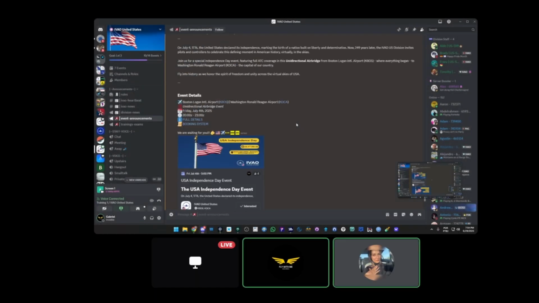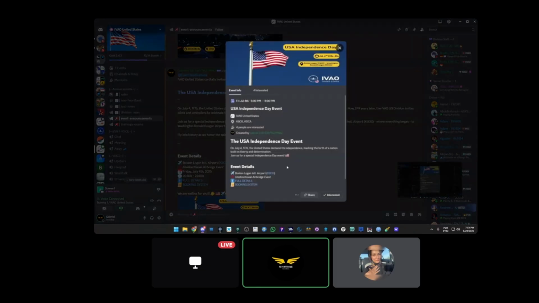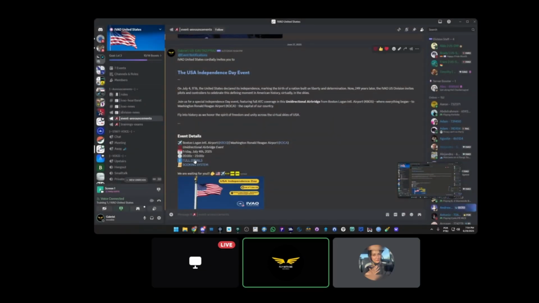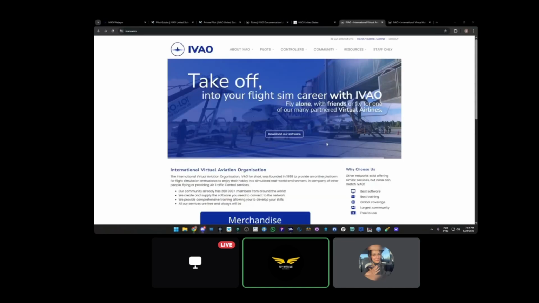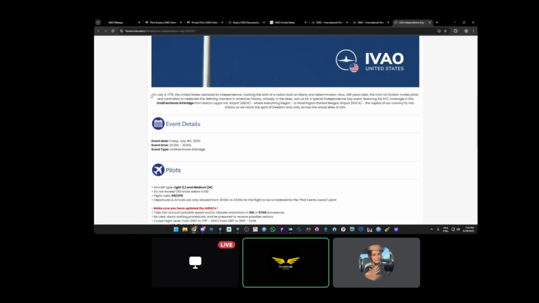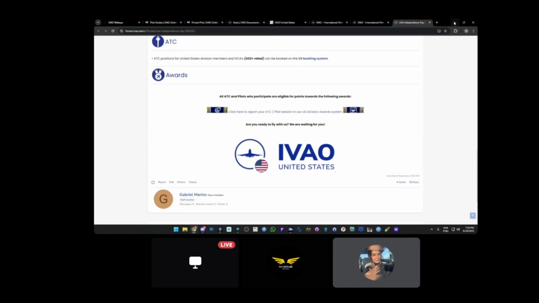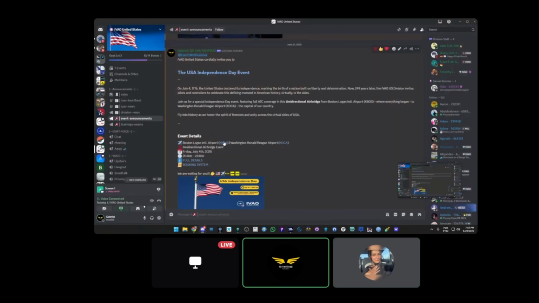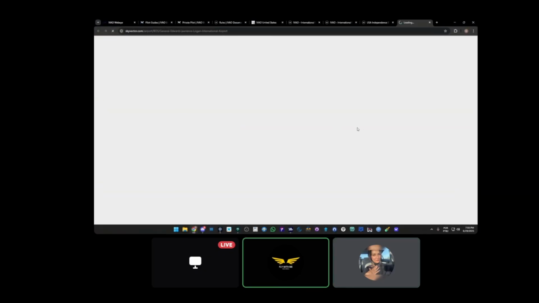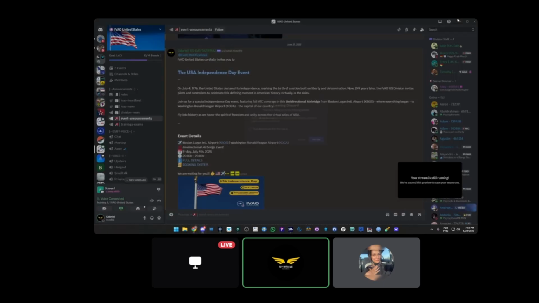And here there are also some links attached. This one, for example, takes us to a forum link where you can see more information about the event. Here, access to information about the airport, the charts. It takes you to SkyVector and everything.